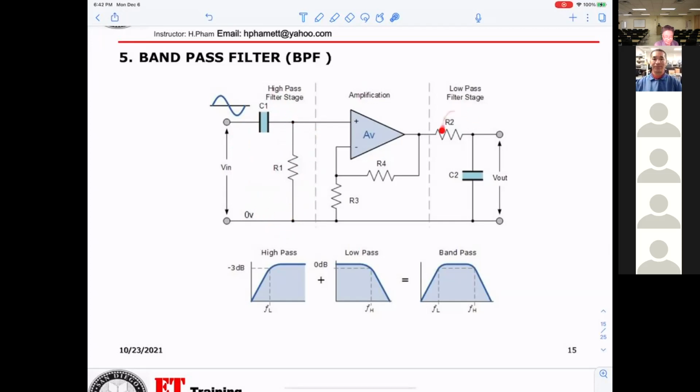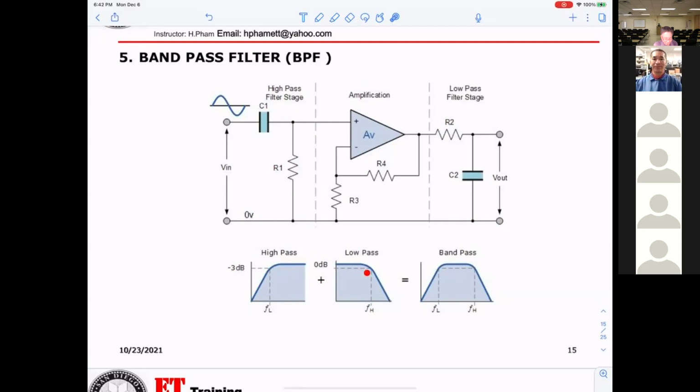And this is the low pass, which passes only frequencies less than the cutoff. For the output here from the high pass, any signal higher than the cutoff is allowed to pass.